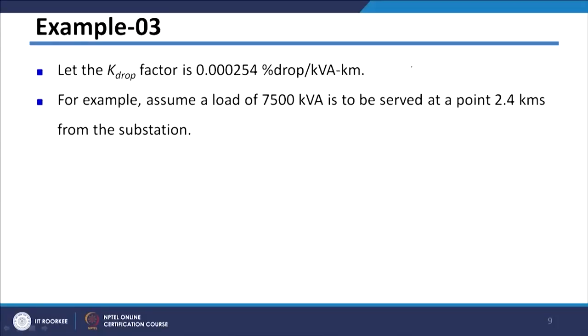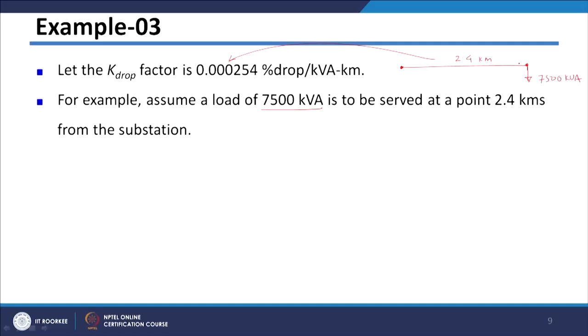Say you have a feeder of 2.4 kilometer and the K drop factor of this feeder is 0.000254, and this feeder is supplying a load of say 7500 kVA, and I want to estimate the voltage drop which is happening in this particular feeder section.